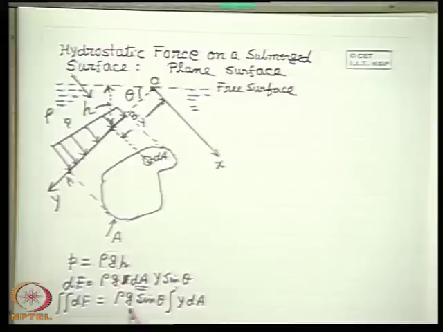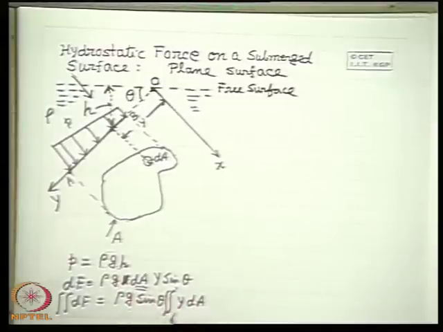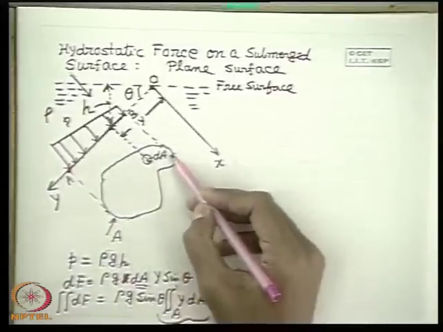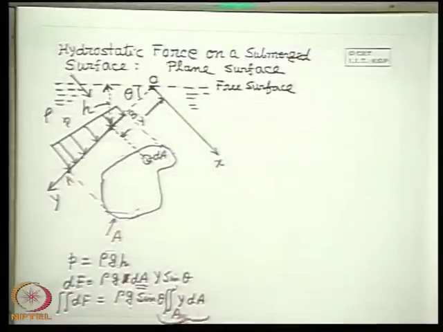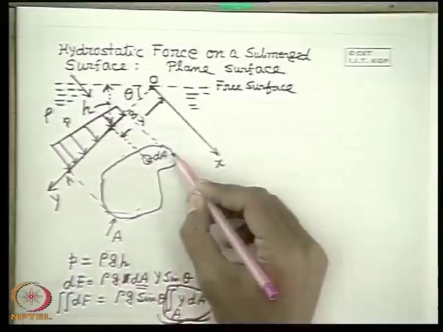So this becomes rho g sin theta times y dA, if you make a double integral over the area A. Now, what is this term? This term has an implication. You see that y dA over the entire area represents the moment of the area about the x axis.